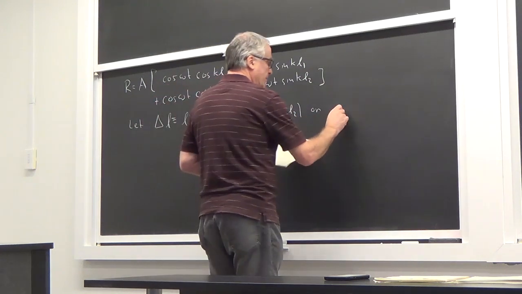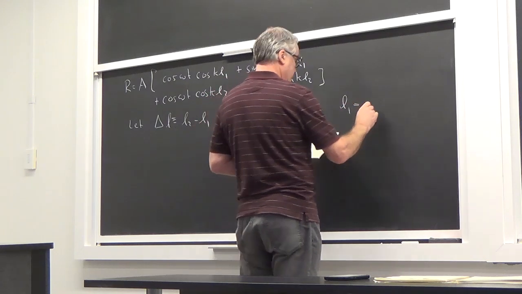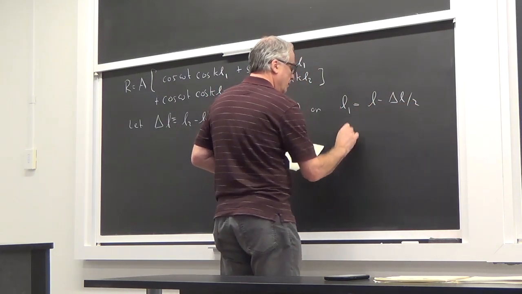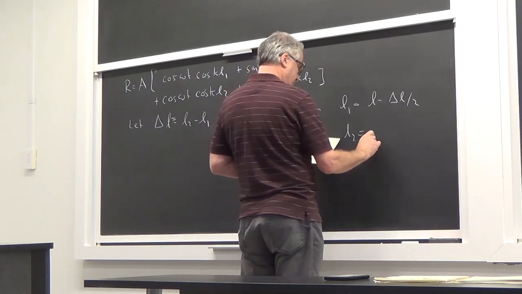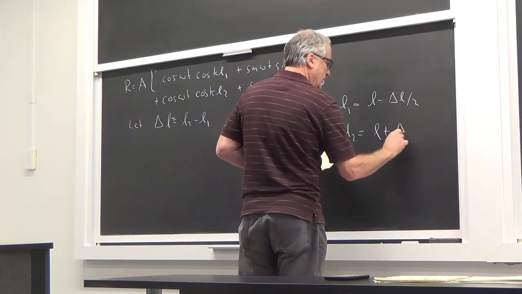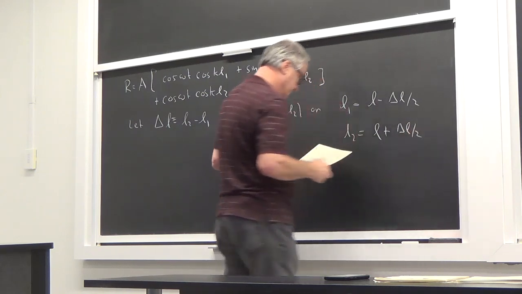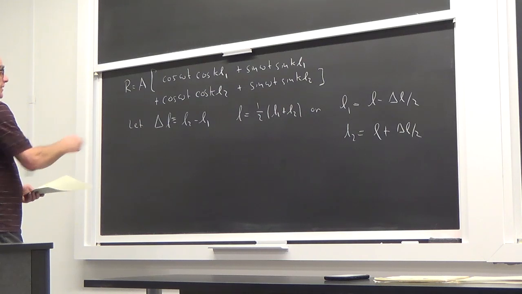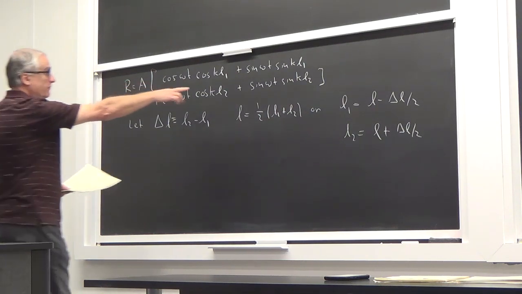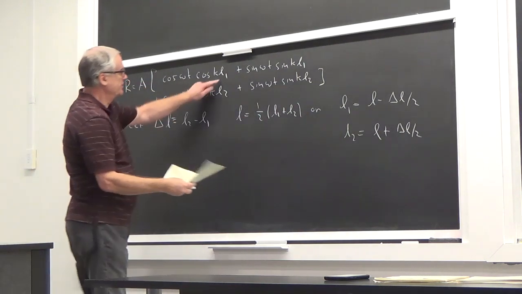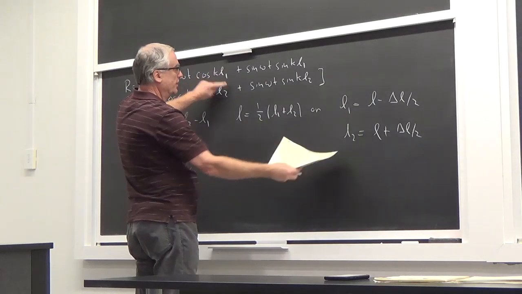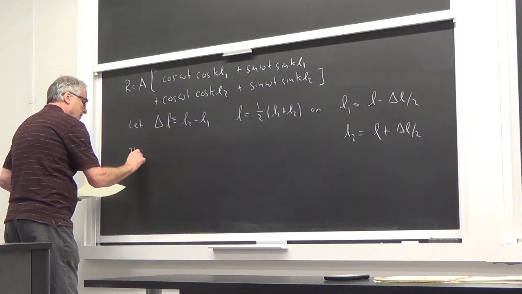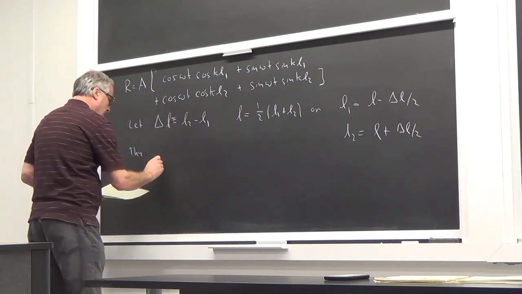So we see that that means L1 is equal to L minus delta L over 2, and L2 is equal to L plus delta L over 2. And so then I'm going to rewrite these terms, substituting these in for L1 and L2 in here. Let me summarize what we get there.